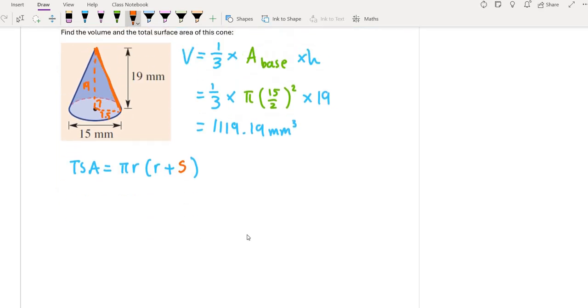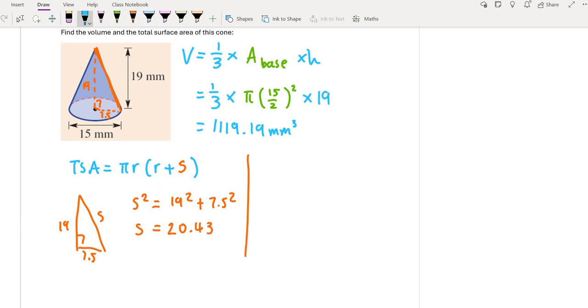So then we have a right angle triangle, where we have these values, and using this we can find the slant. Slant squared will equal 19 squared plus 7.5 squared, and doing your usual calculations, we can come to find the slant, which should equal around 20.43.